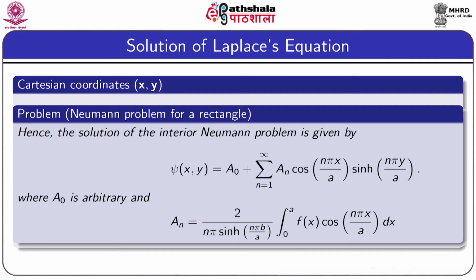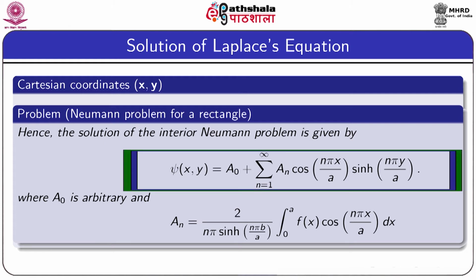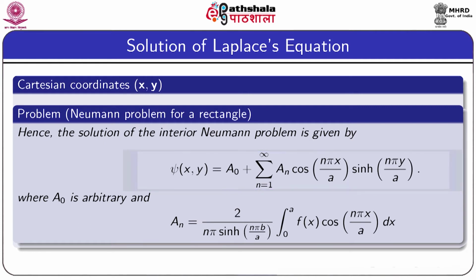Thus, the solution of the interior Neumann problem is given by psi equals a naught plus sum n equals 1 to infinity A_n cos(n pi x by a) cosh(n pi y by a), where a0 is an arbitrary constant and A_n is given, which is written here.